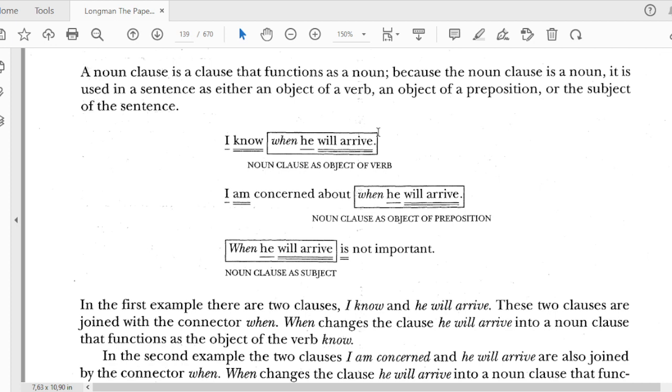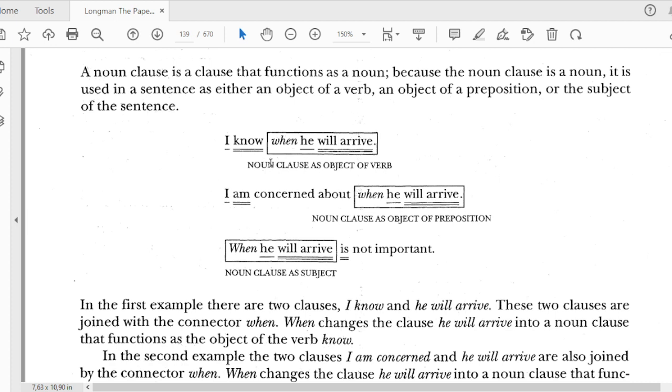I know when he will arrive. A noun clause is a clause that functions as a noun. Because the noun clause is a noun, it is used in a sentence as either a subject, object of verb, or object of preposition.